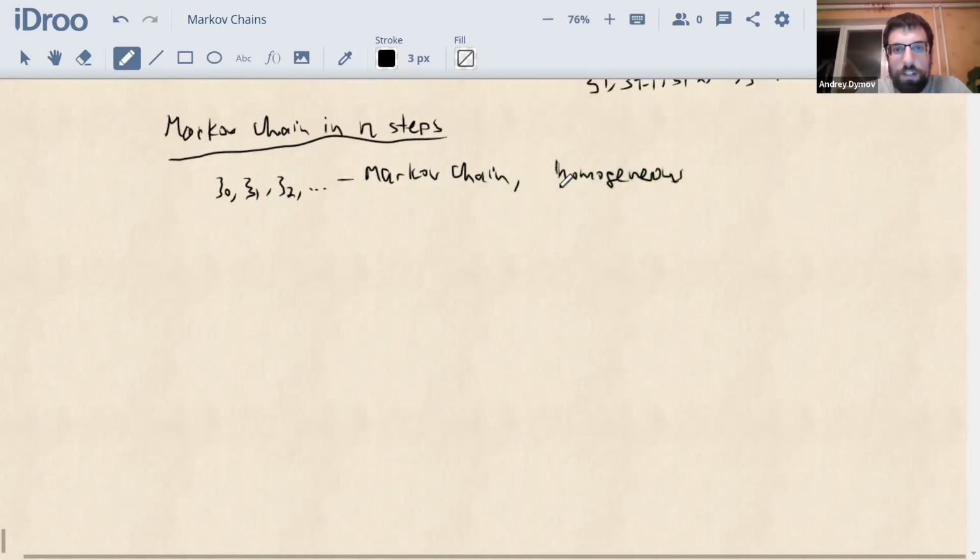Let pi be the transition probability matrix of this Markov chain, and I ask the following question: is the following sequence of random variables a Markov chain or not?